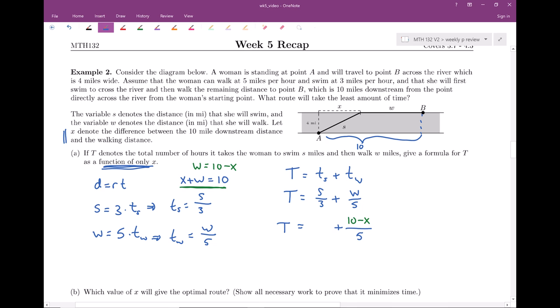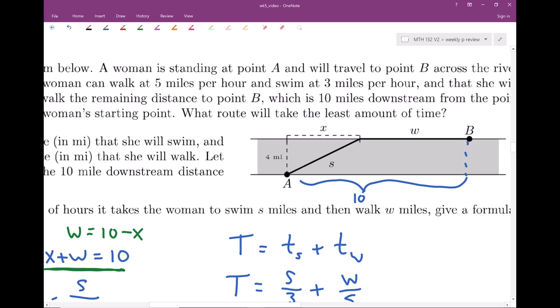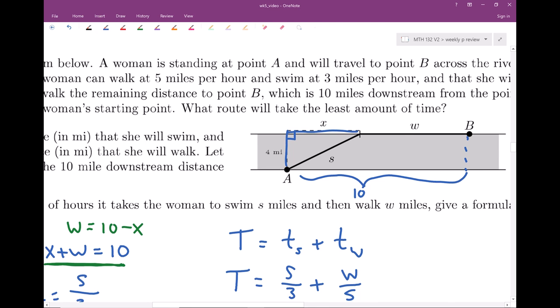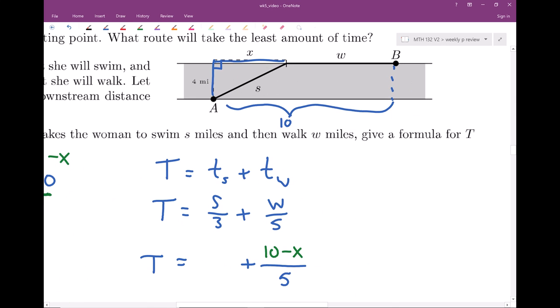So for S, instead of S's I want X's. They sound close. I go back and look at my picture, and it looks like I have a triangle here. I can relate X and S with the Pythagorean Theorem. X squared plus 4 squared, that's 16, is equal to S squared.